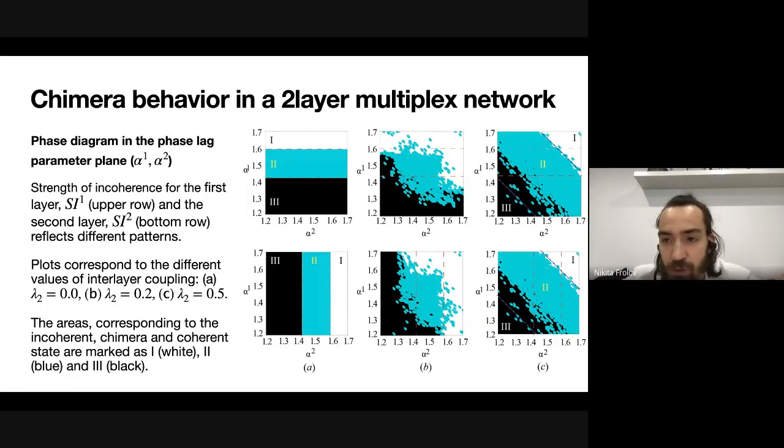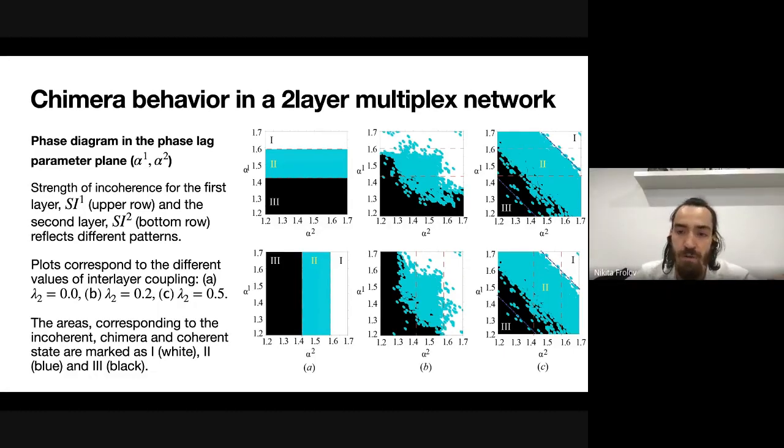The extensive numerical analysis of this behavior on a two-parameter plane, where one parameter is a phase lag on one layer and the second parameter is a phase lag on the other layer, represents the situation where the increase of the coupling strengths leads to the transformation of the behavior on the two-parameter plane.